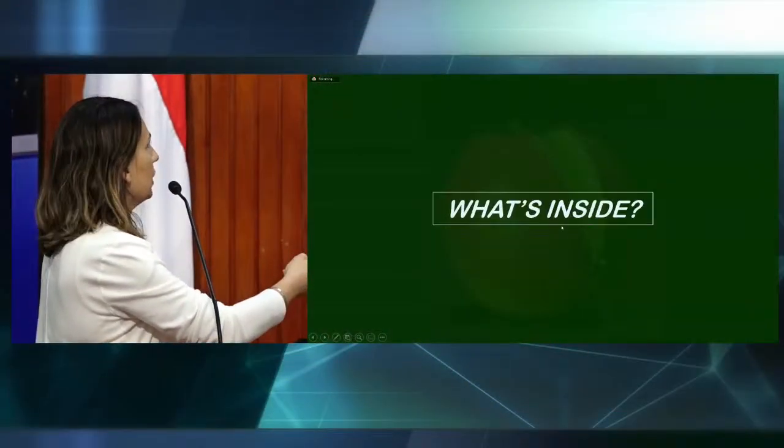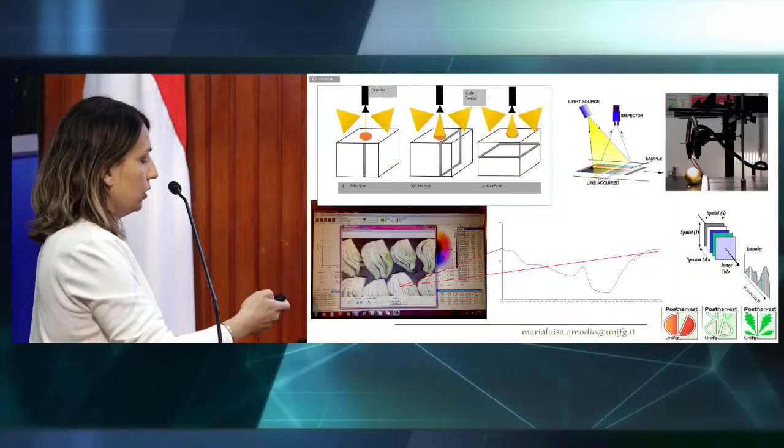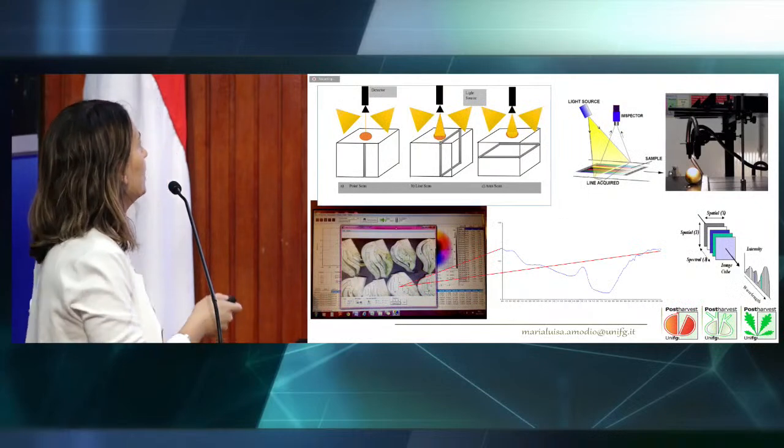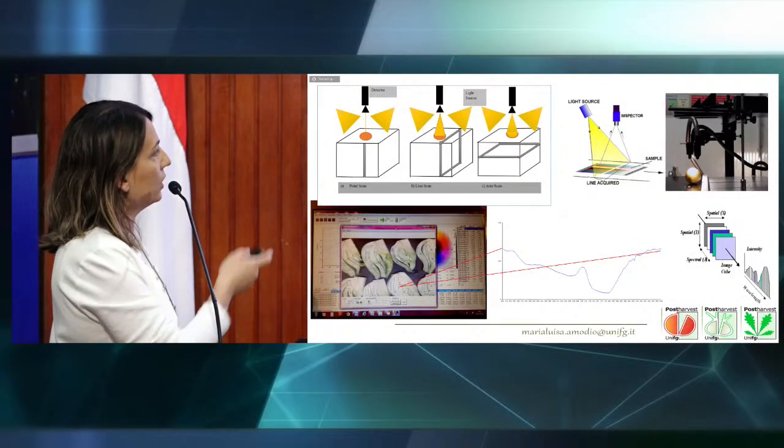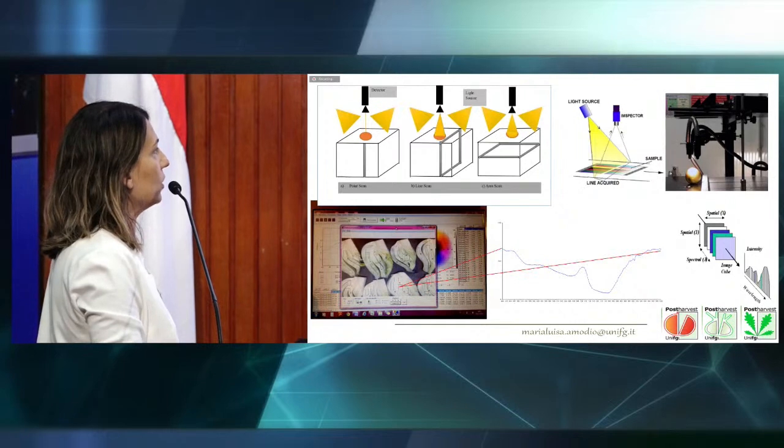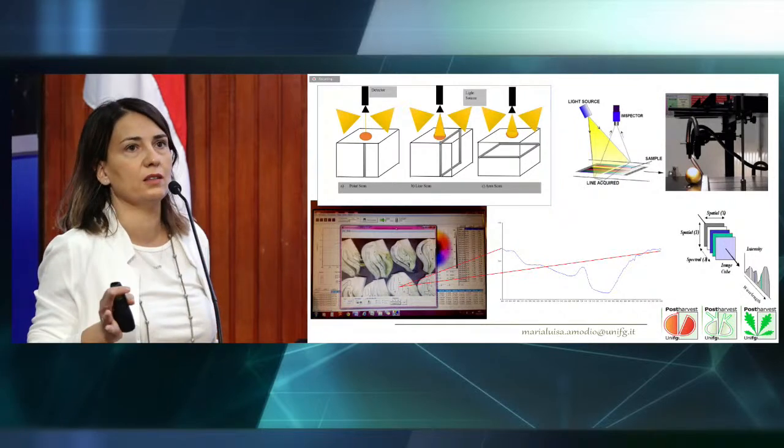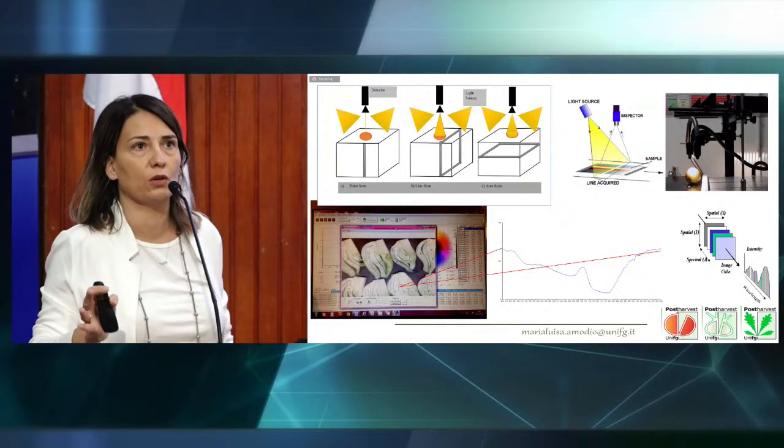So you can work on this mean spectra pixel by pixel, or you can select your object and extract the mean spectra. You can work on a single image. We have this hypercube with an image, and if we are interested in a single wavelength image, we can work on that.